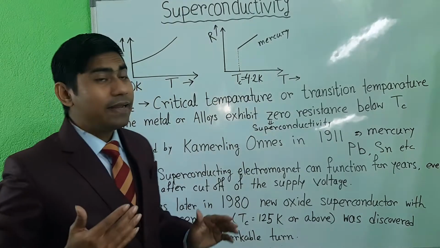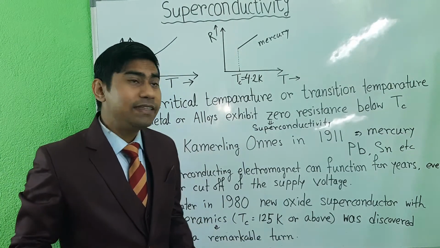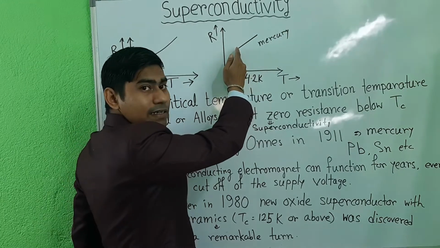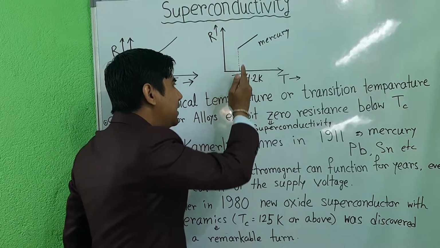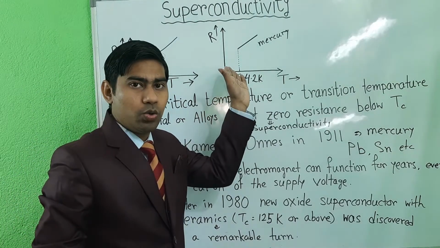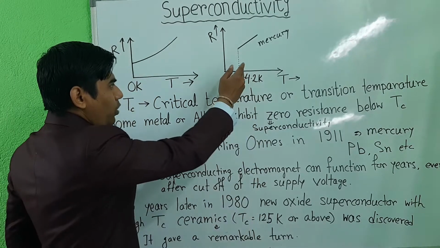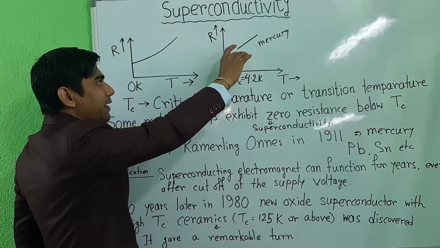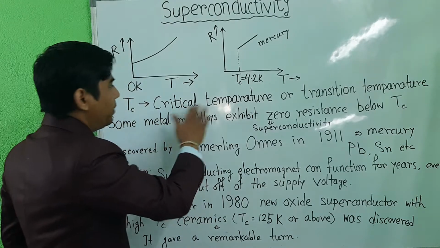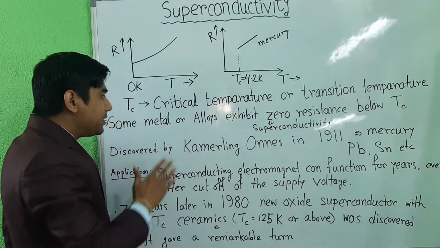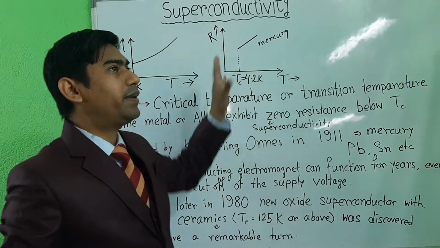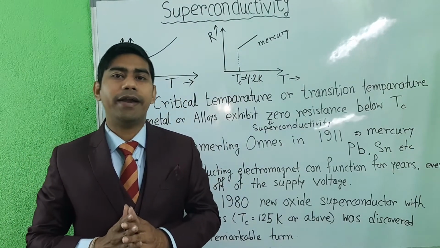So, for some metals or alloys, with decreasing temperature, resistance decreases up to a particular temperature, then it abruptly becomes 0. This particular temperature at which resistance becomes 0 is known as critical temperature, and it is denoted as Tc, and this phenomenon is known as superconductivity.